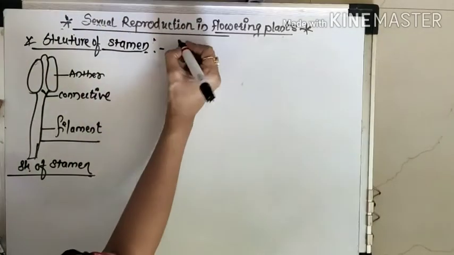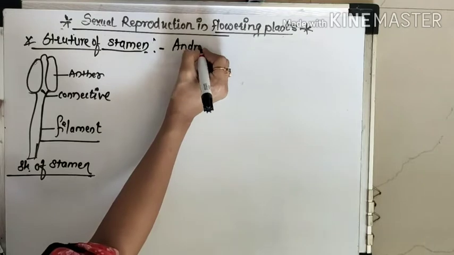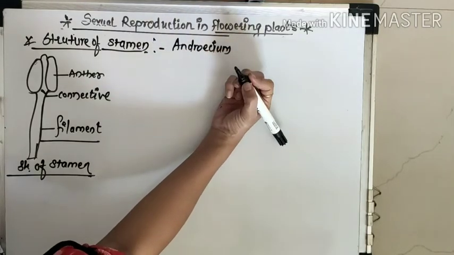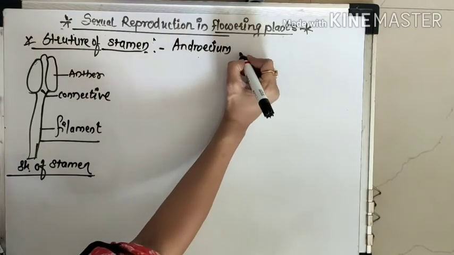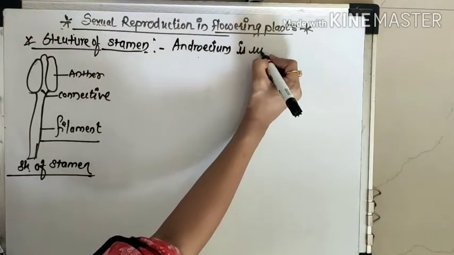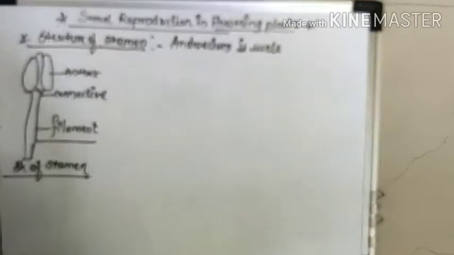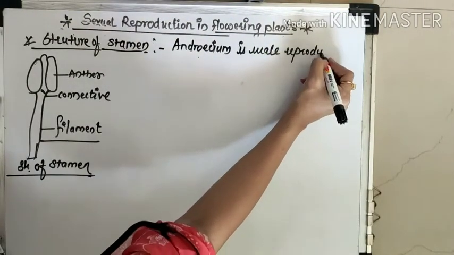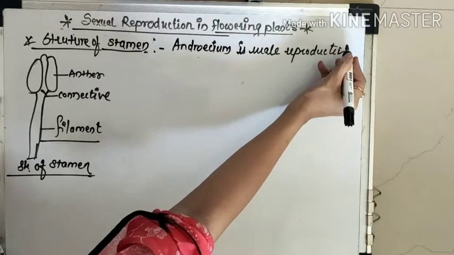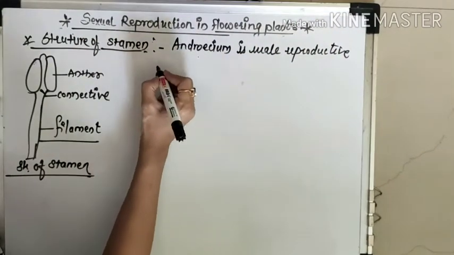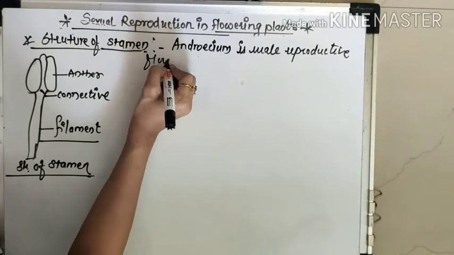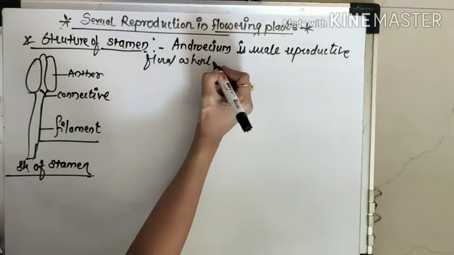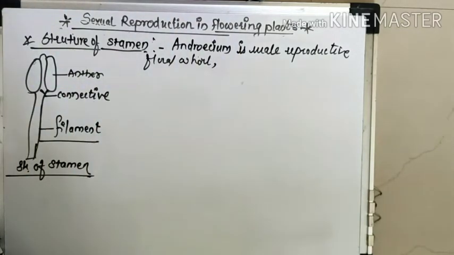In the previous lecture we saw all the whorls of the flower. So the androecium is this male reproductive floral whorl, having a definite number.